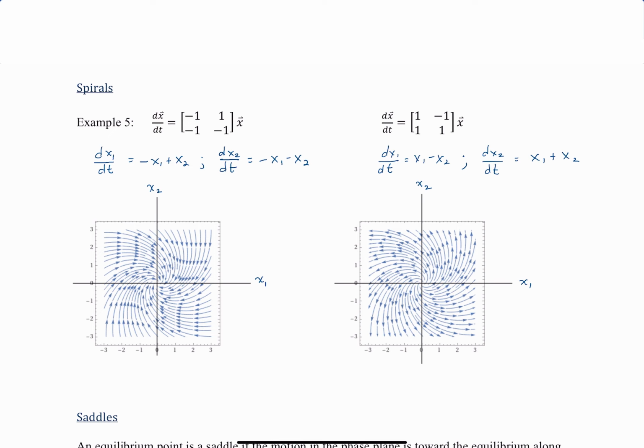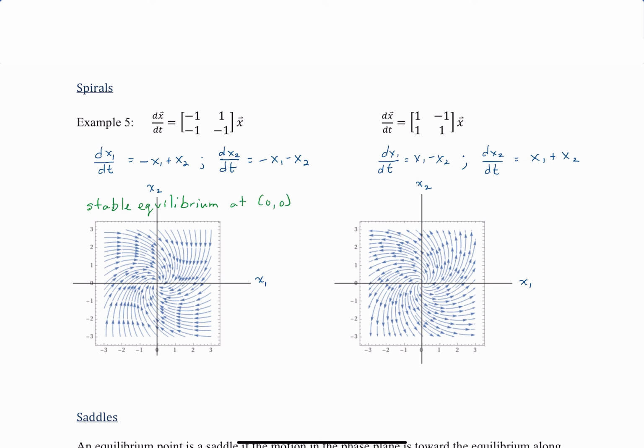Now you can see in the first one that all of the currents or solution curves are spiraling in towards the origin, towards that equilibrium point. So this one is a stable equilibrium at 0, 0.